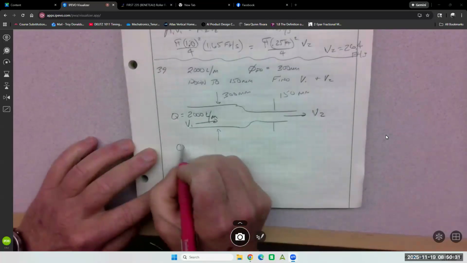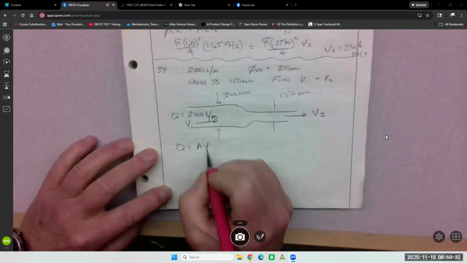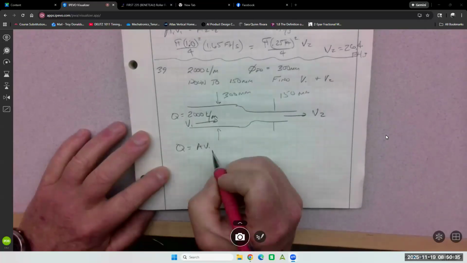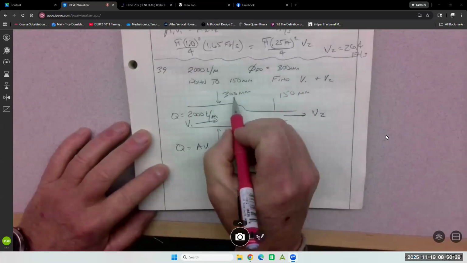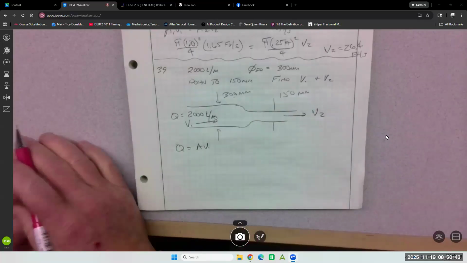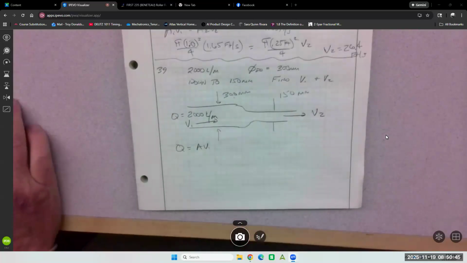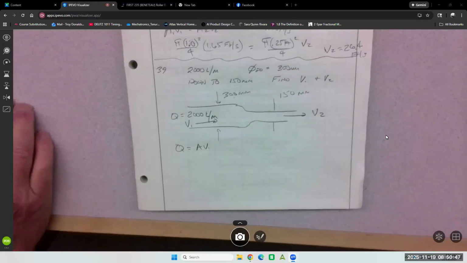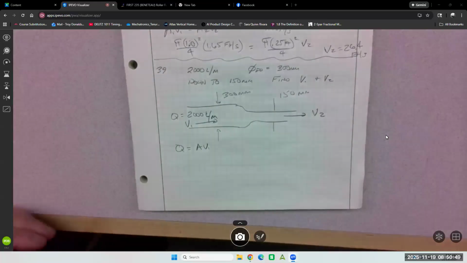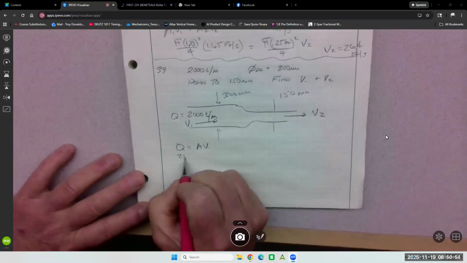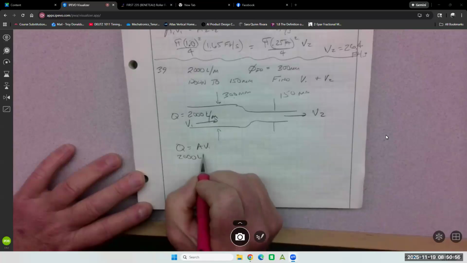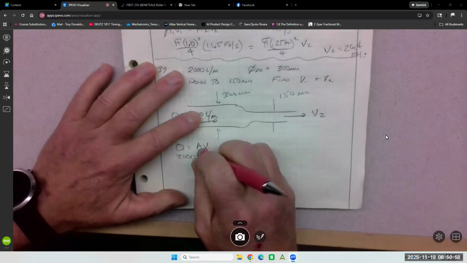So that means that Q equals A times V, and that's going to be V1, this thing. All right, so we can go 2,000 liters per minute.